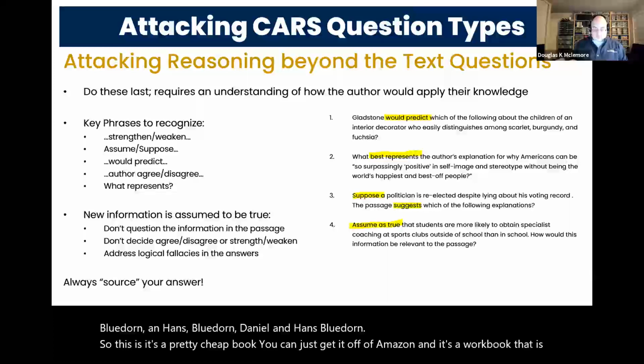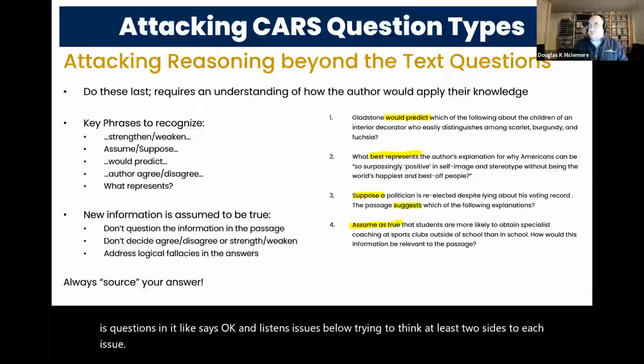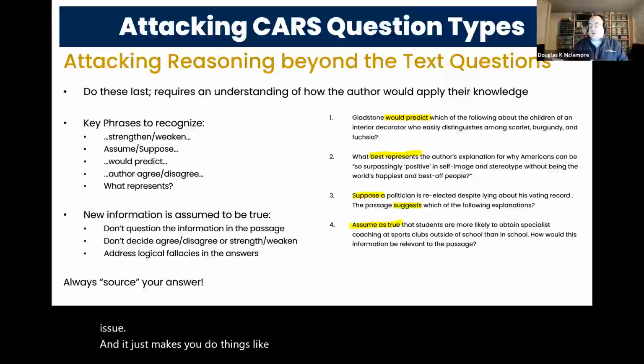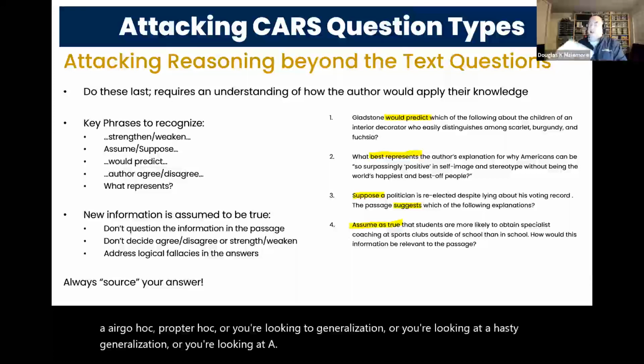Like it says, okay, in the list of issues below, try to think of at least 2 sides to each issue. And it makes you decide whether you're looking at a red herring, or a post hoc ergo propter hoc, or a generalization, or a hasty generalization, or an analogy. So there are a lot of different types of logical fallacies.